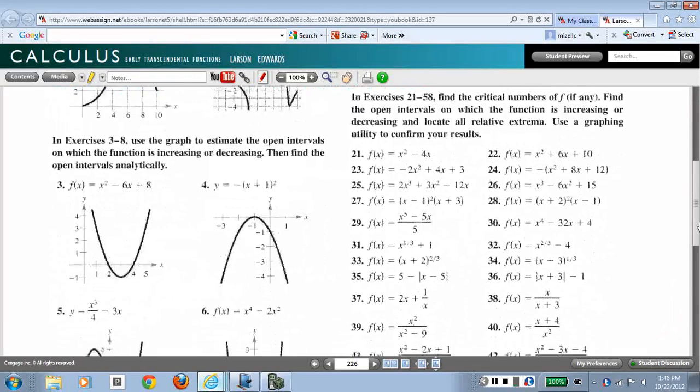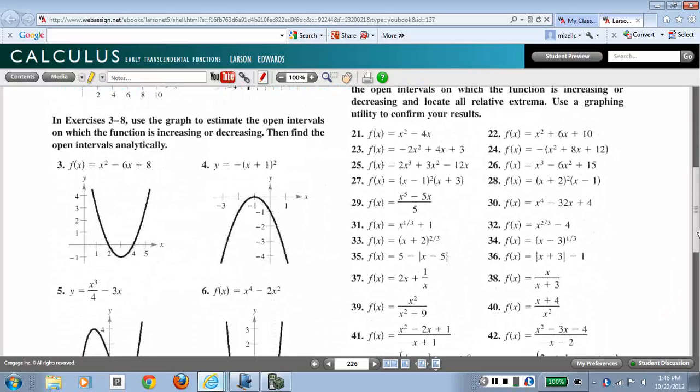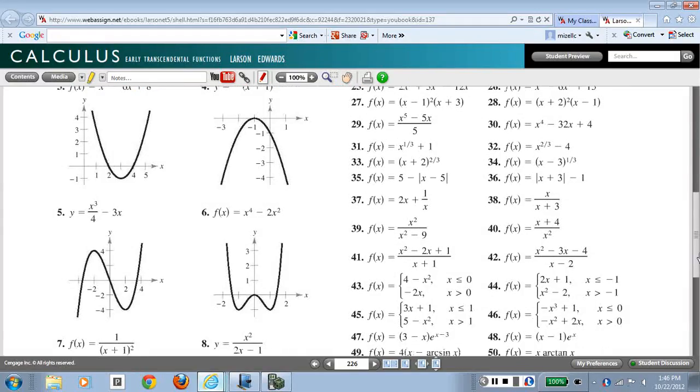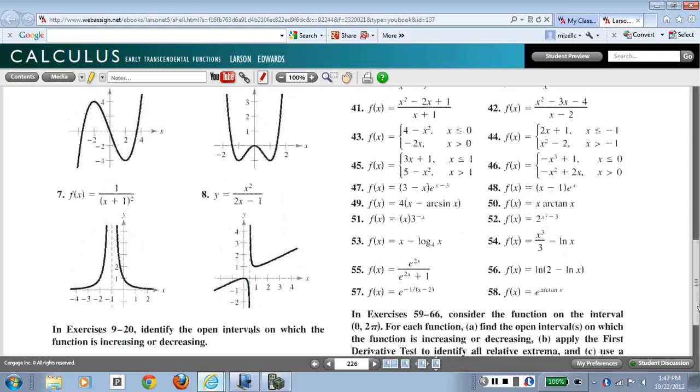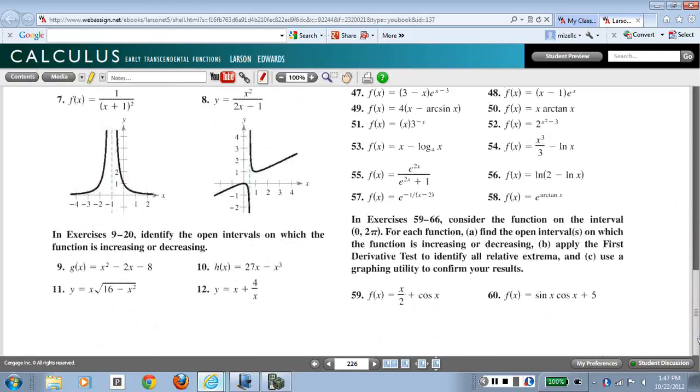Not so much. Find intervals where it's increasing or decreasing, if it provides the picture. Okay.